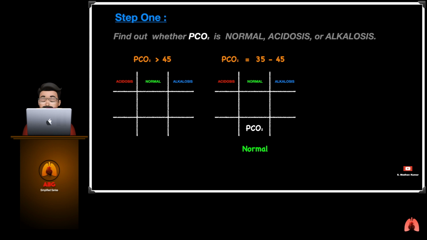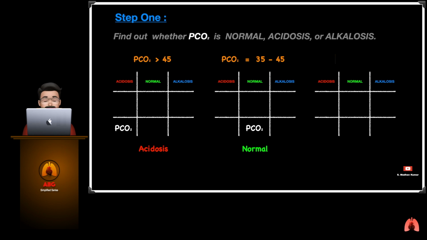If the PCO2 value is greater than 45, it is considered acidosis. So place the PCO2 underneath the acidotic column. If the PCO2 is less than 35, it is considered alkalotic. So place the PCO2 underneath the alkalosis column.